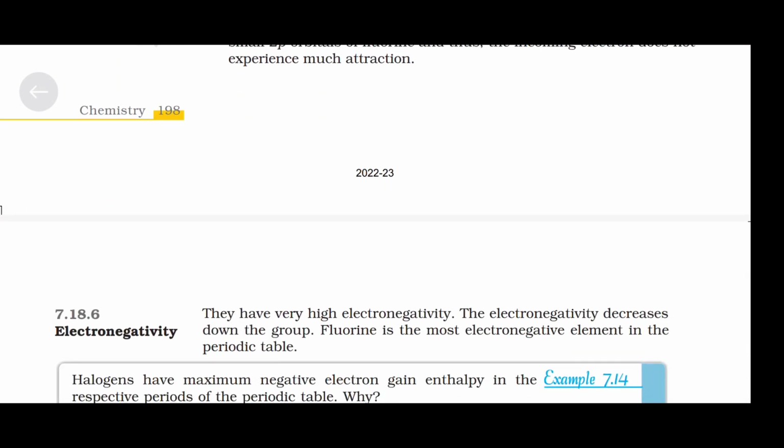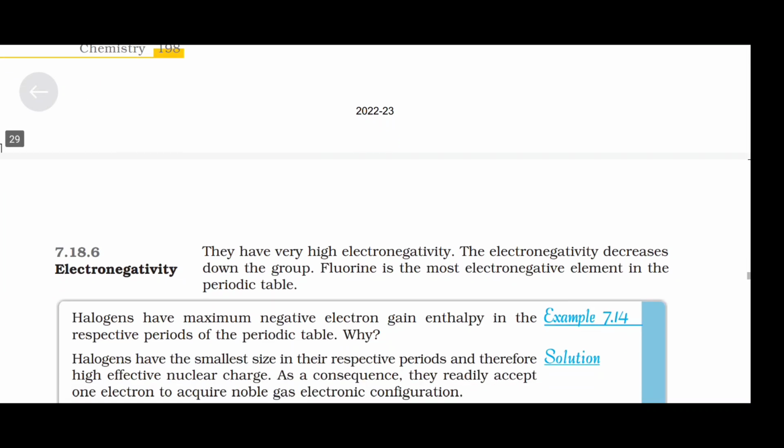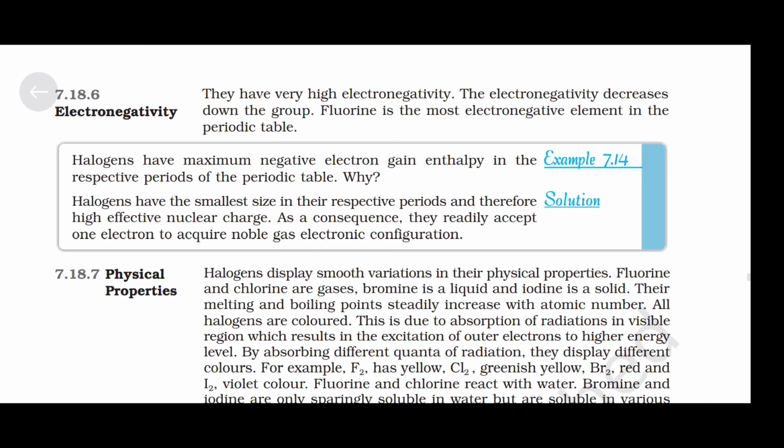Electronegativity. They have very high electronegativity. The electronegativity decreases down the group. Fluorine is the most electronegative element in the periodic table. Example 7.14. Halogens have maximum negative electron gain enthalpy in the respective periods of the periodic table.